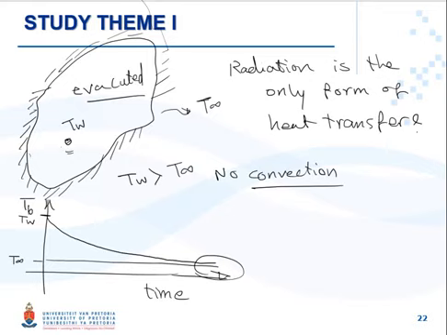We are saying that the black body has a temperature TW greater than T infinity. Because of its temperature, it's going to emit. Am I right? But in order to reach thermal equilibrium, it has to absorb the same amount of radiation that is emitted.